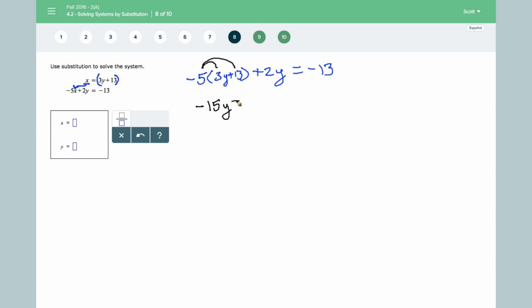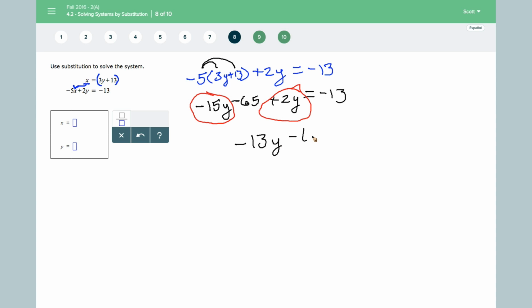So minus 65 plus 2y equals negative 13. And I see here I've got a positive 2y and a negative 15y. I can now combine those, and I have negative 13y minus 65 equals negative 13. And from here I'm just solving for y.